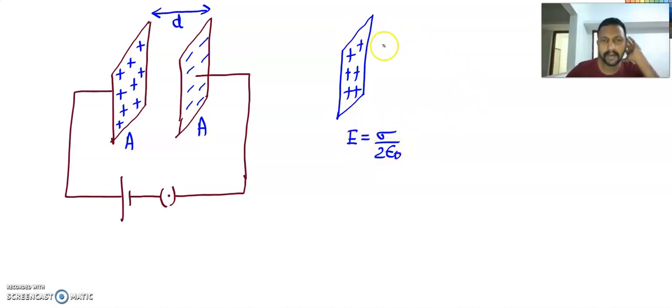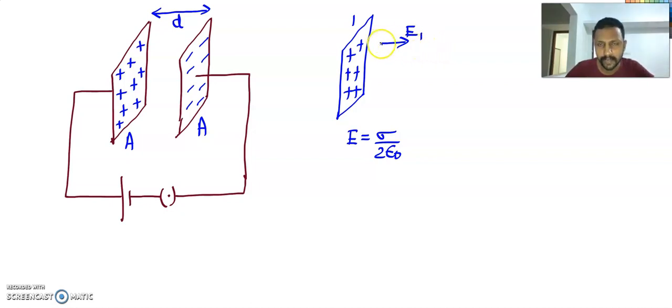And if I am marking the direction of electric field intensity to the right of this sheet, it will be like this. If I am calling it our first sheet, then this should be the direction of electric field intensity. Is that clear? What's electric field intensity? It is the electrostatic force of attraction or repulsion felt by a unit positive charge.